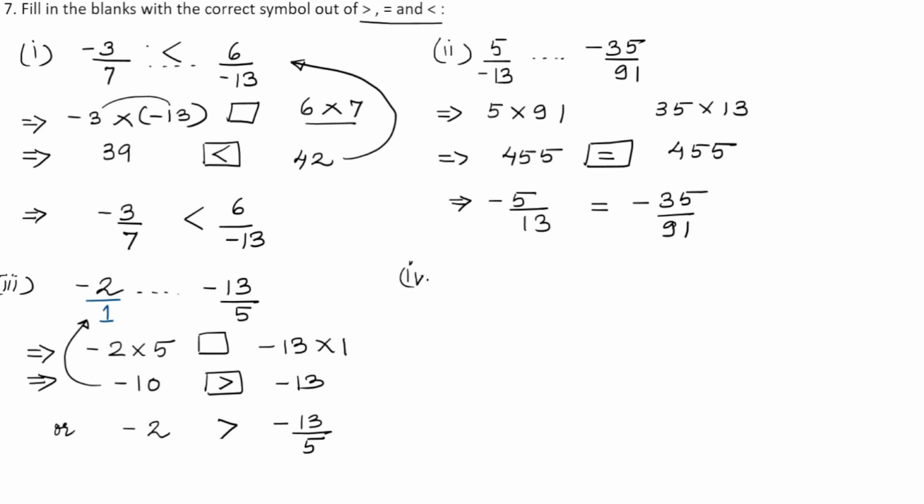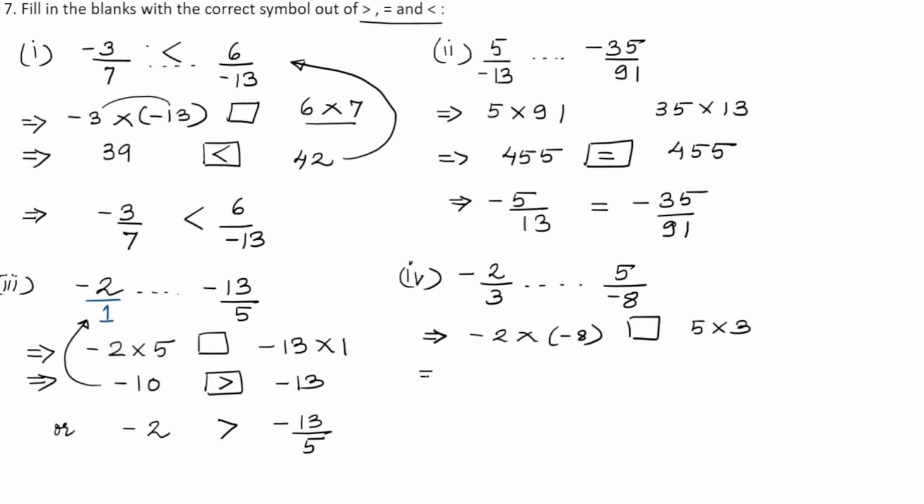Question number 4 now. Question number 4 is minus 2 by 3 to be compared with 5 by minus 8. In this case also, check the denominators, they are different. So you need to do the cross multiplication. Quickly do the cross multiplication. You get here minus 2 into minus 8 and you get here 5 into 3.